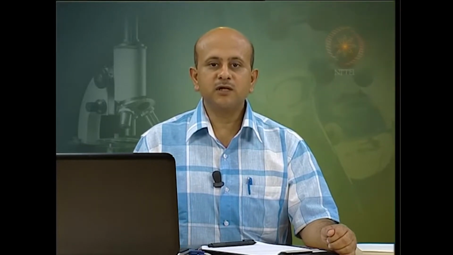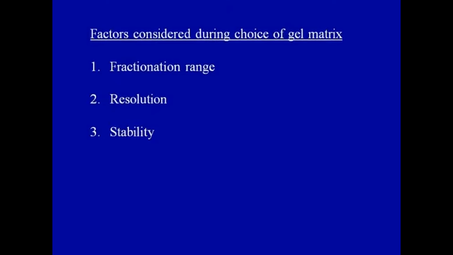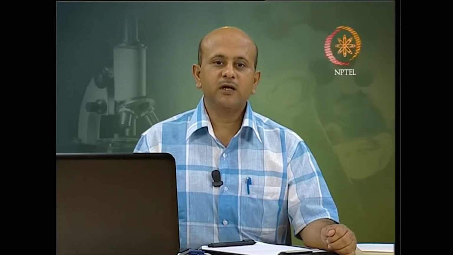So, when you are considering a gel matrix, with the different materials we have discussed, there are certain factors which need to be considered while choosing one. One is fractionation range. If all proteins in a mixture are to be separated from relatively low molecular weight solutes, like say your proteins are large molecules and you have to separate your protein from the smaller molecules, then you can have packings with small pores.